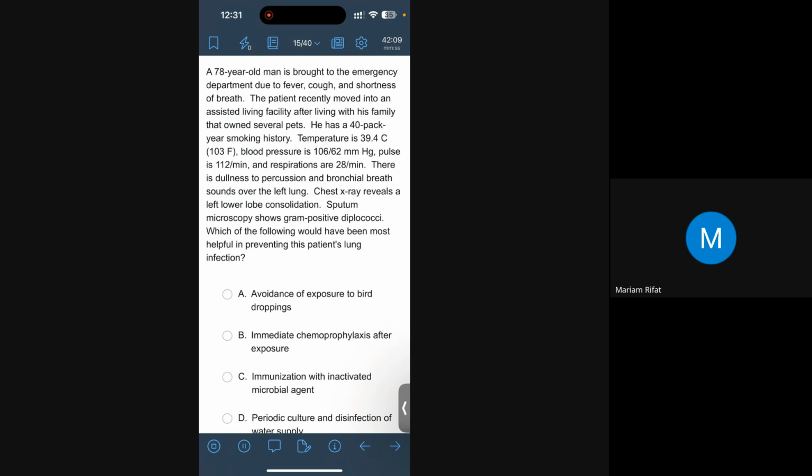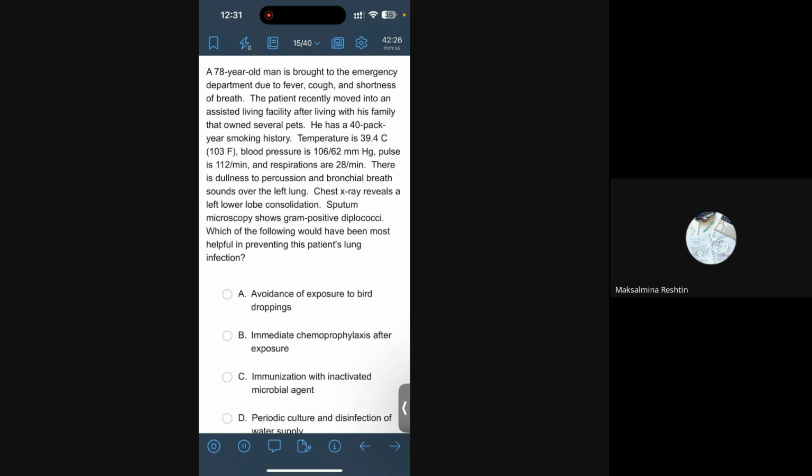That means the pneumonia type is lobar. Gram positive diplococci. Which bacteria causes the lobar pneumonia? What is the name of that bacteria?